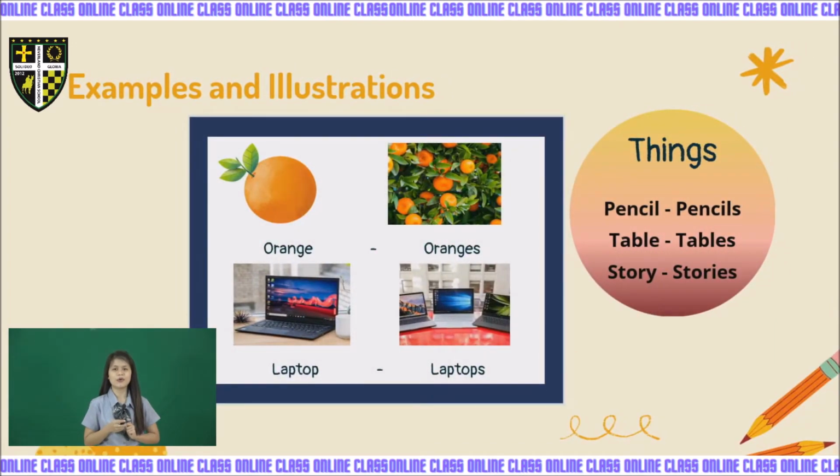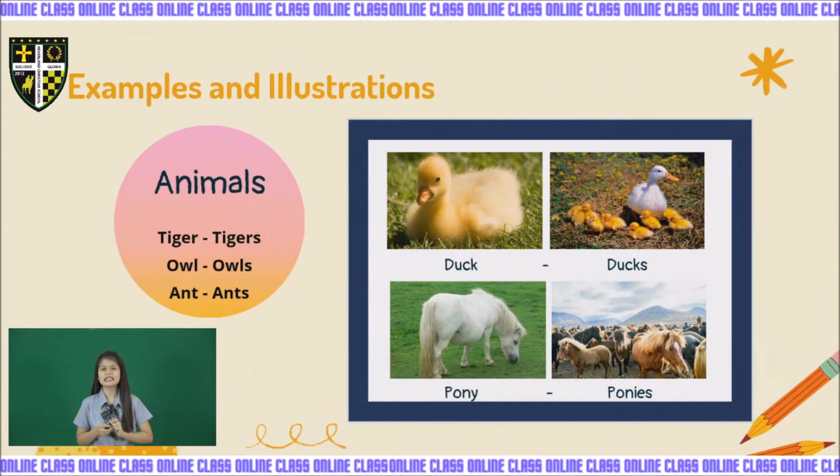Example here, pencil, pencils. Table, tables. Story, stories. Laptop, laptops. After the things, there are animals. Examples, tiger, singular, and plural for tiger is tigers. Next, owl, owls, ant, ants.